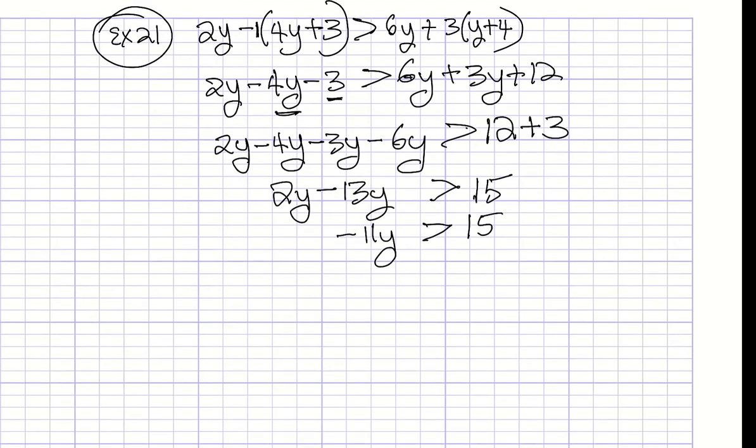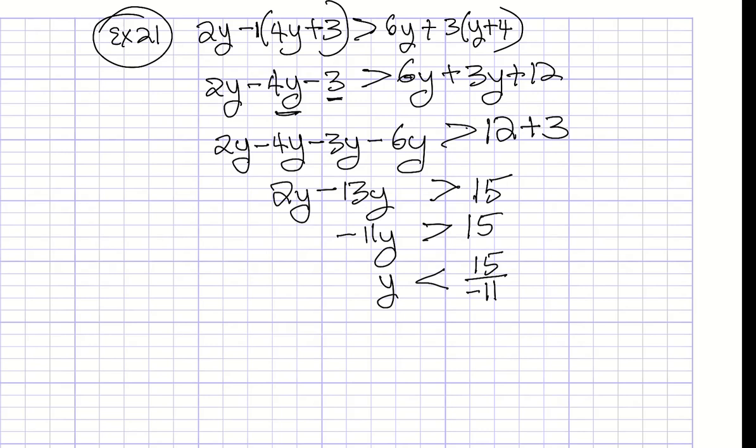This time we have to divide by negative 11 to get rid of the 11 on the left side. Then the sign will have to change. The direction of the inequality will have to change. So then we get y less than 15 over negative 11.